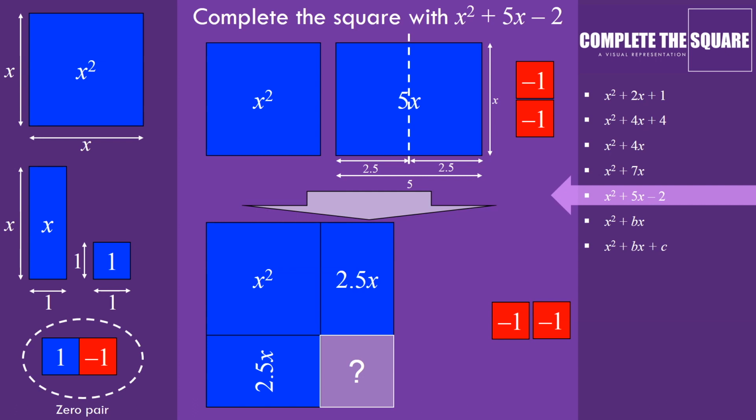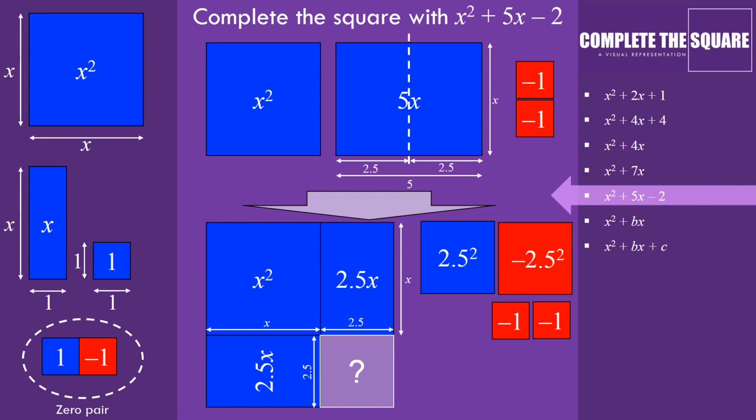Once again, we have a missing area that needs to be filled, in which, after determining the dimensions of both the 2.5x tiles, we figure that the missing area is 2.5 squared. We then add a zero pair of 2.5 squared, hence our algebraic expression is now x squared plus 5x plus 2.5 squared minus 2.5 squared minus 2.